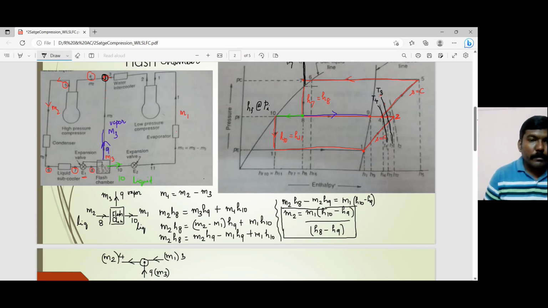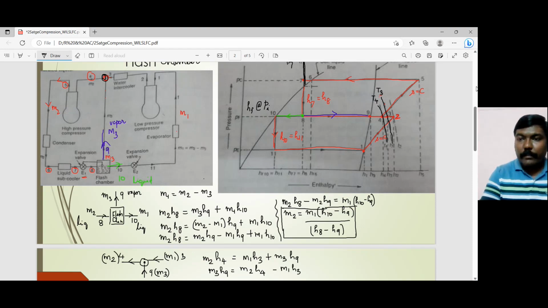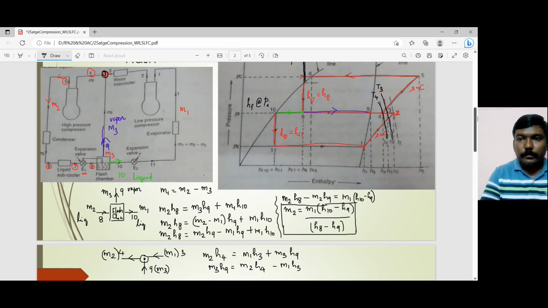So I am writing this point down over here. You have two entries and one exit with reference to this junction. So M2H4 is equal to M1H3 plus M3H9. And what I want to find out is the value of M3. So M3H9 is M2H4 minus M1H3.